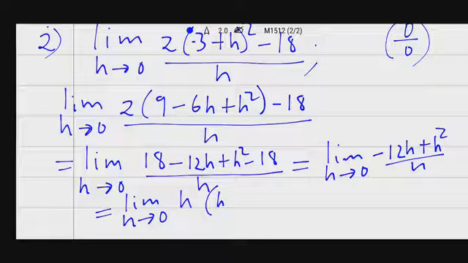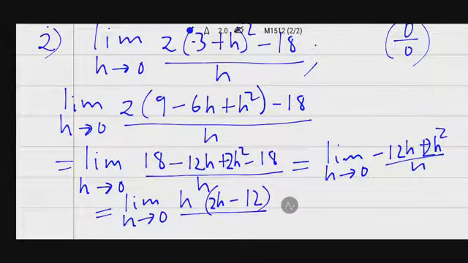Remember, we forgot 2 when we multiplied by 2 inside. We had 18 for 9 times 2, and then 6 times 2 is 12. Then we had 2 times h squared, which is 2h squared. So I left out the 2. So here we have 2h, then you have minus 12. Then it still needs to be divided by h.